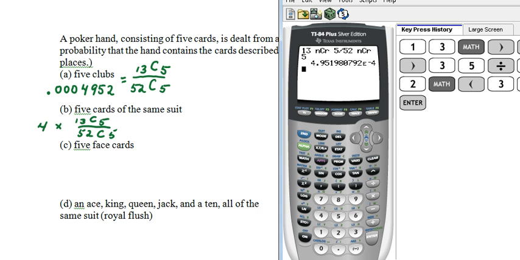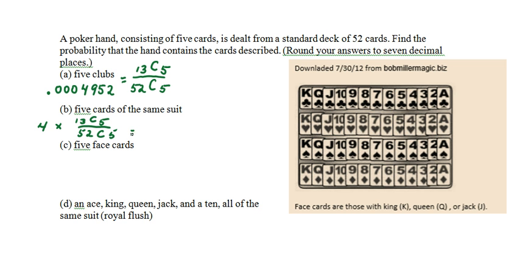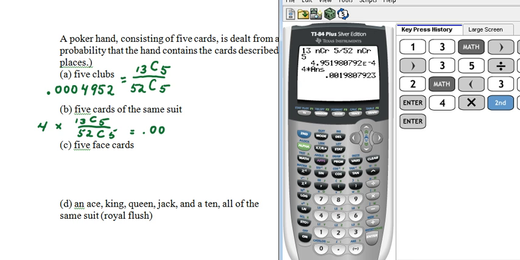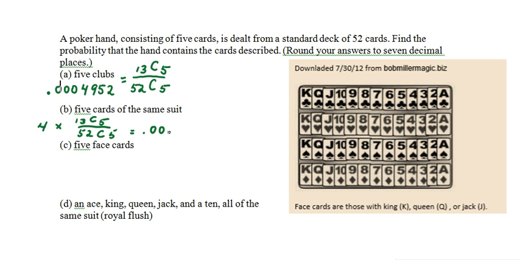So going back to the calculator, I'll go 4 times second answer and get 0.00198808.